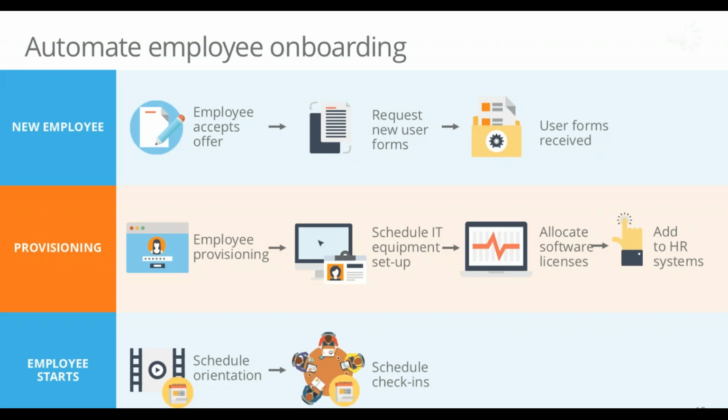You can see that there are many different steps within that, things such as scheduling an orientation session for health and safety, then also things such as employee provisioning, making sure that they have the right logins, allocating the software licenses to them, telling IT to provide them a laptop or a desktop, and adding them onto the HR systems, things such as putting in their personal details, bank details, etc.